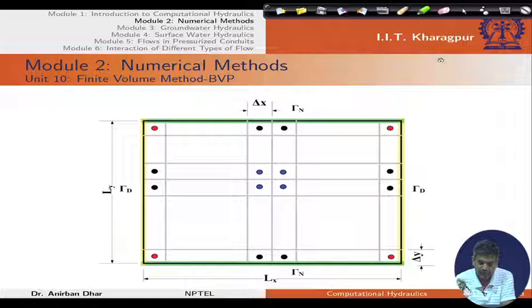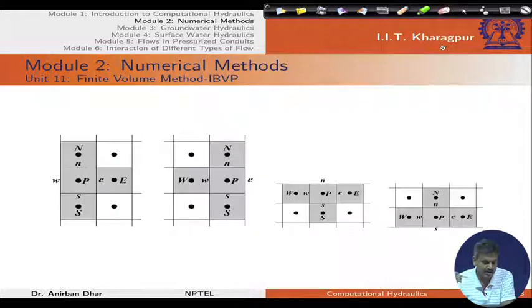In the finite volume method, again we have tried to discretize our boundary value problem in unit 10. Then in unit 11 we have discussed the discretization of the same equation that we utilized in our finite difference case for the initial boundary value problem, and we have discretized it using the finite volume method.